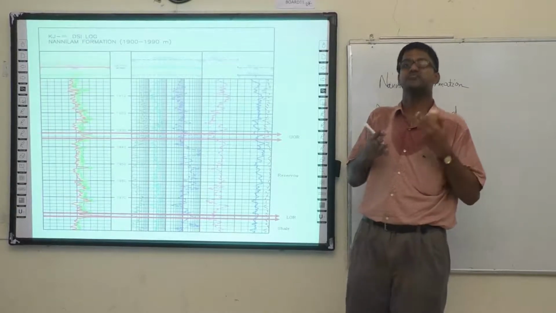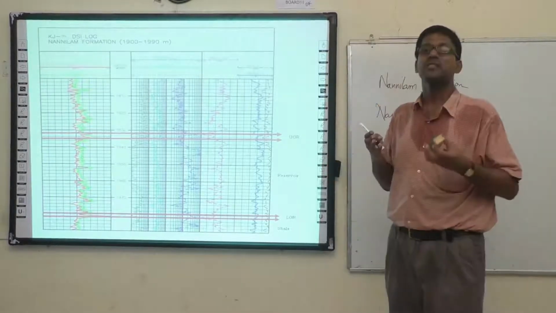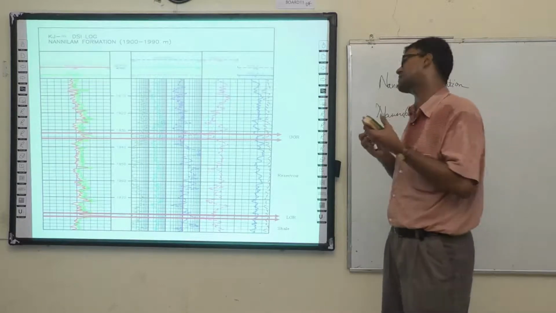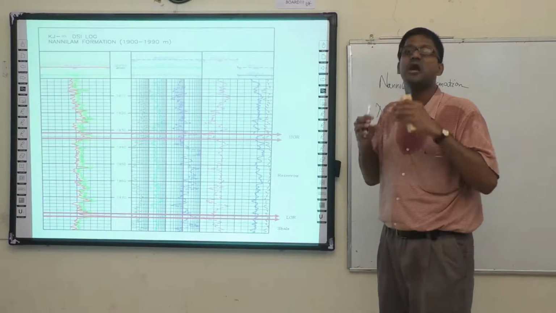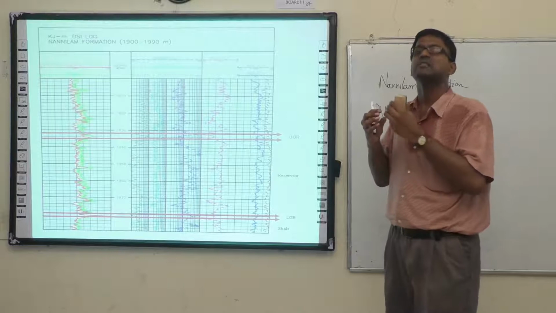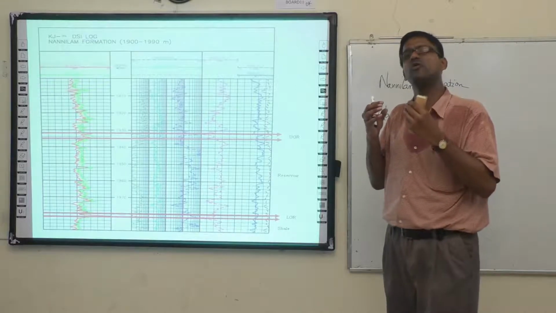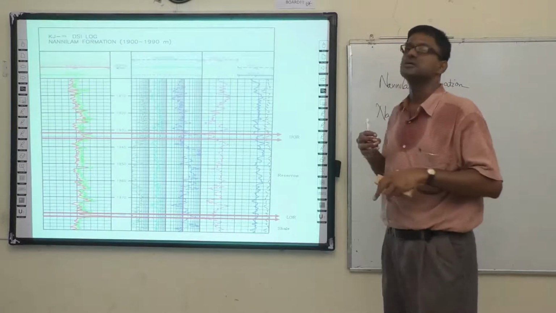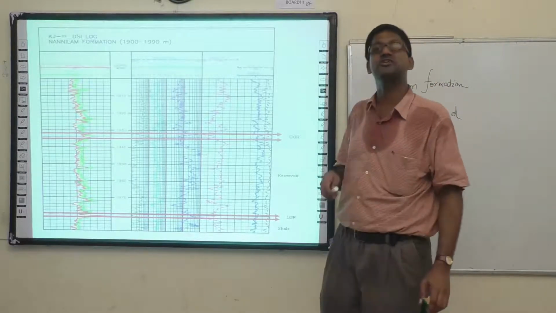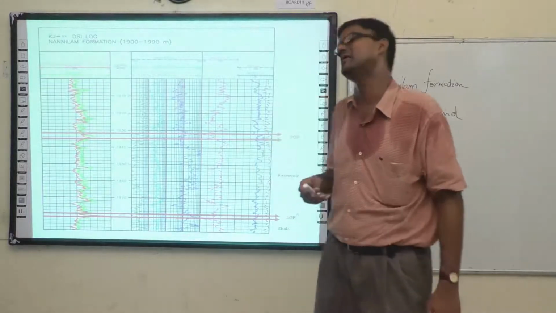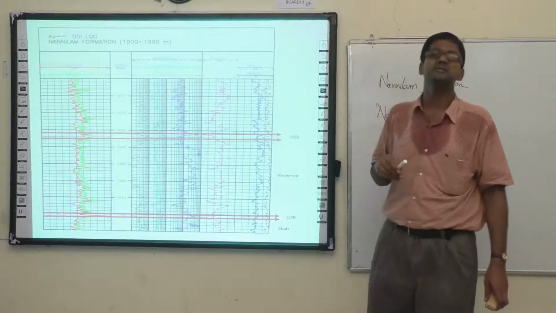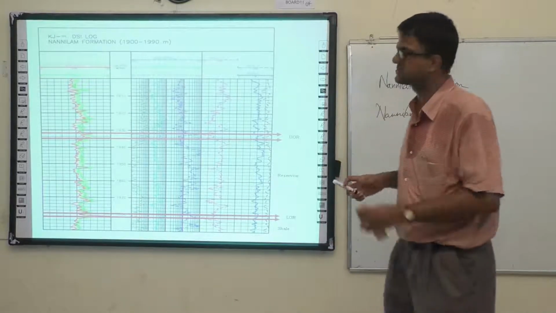When a reservoir is porous and permeable, the hydrocarbons will migrate from the source rock to the reservoir rock, and when we drill a hole, since the reservoir is permeable, they flow into the wellbore and to the surface. That's why determination of the reservoir is very important. Otherwise it is also termed net pay thickness.